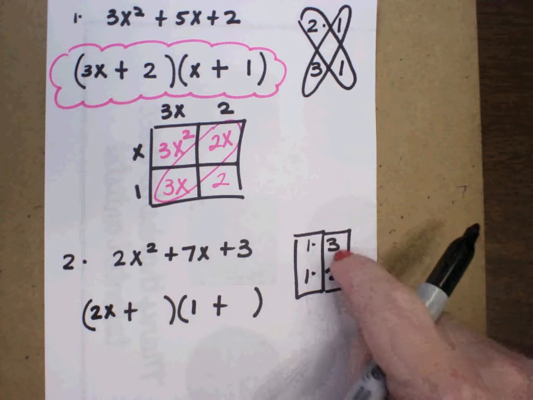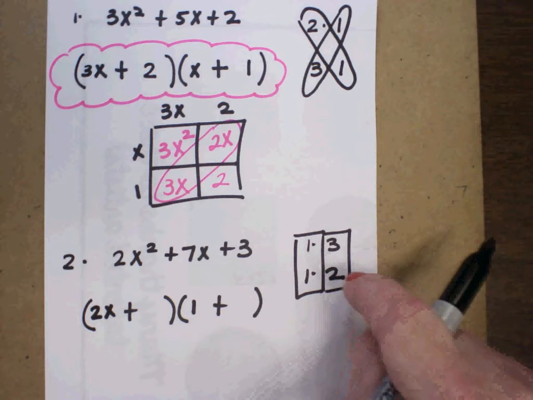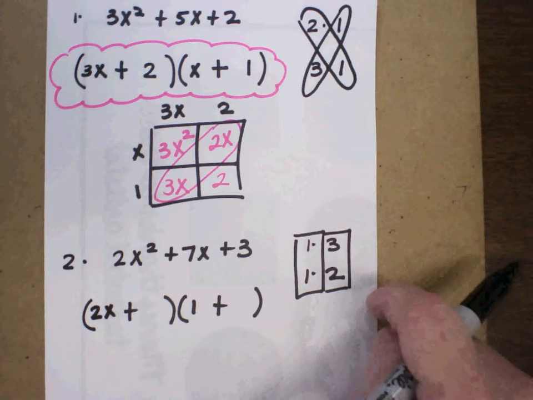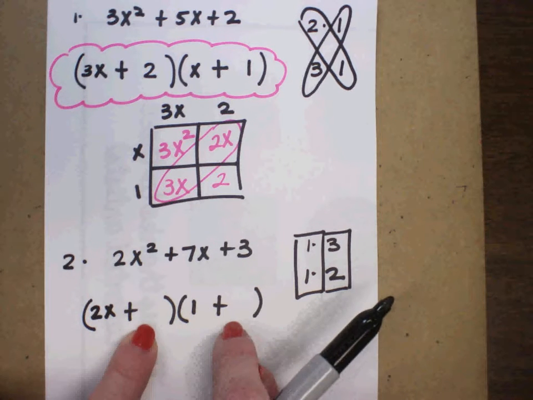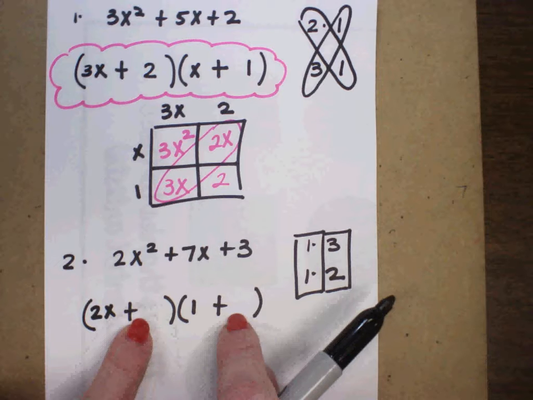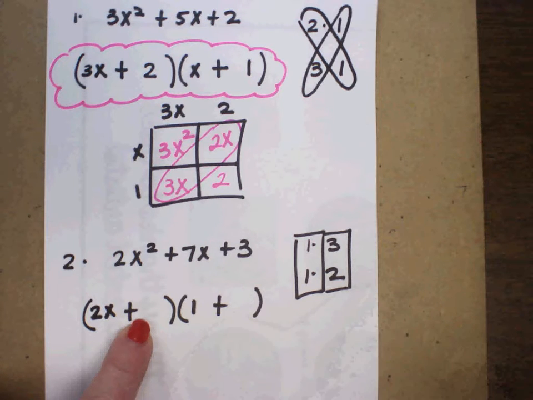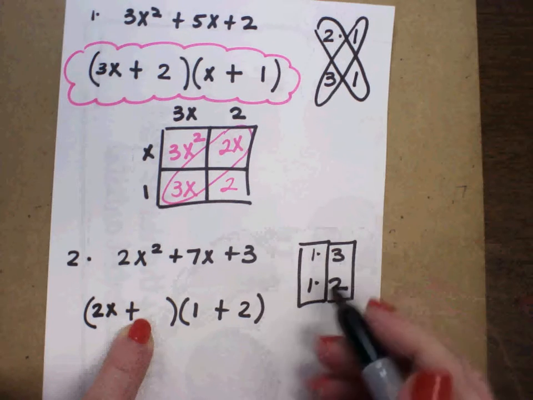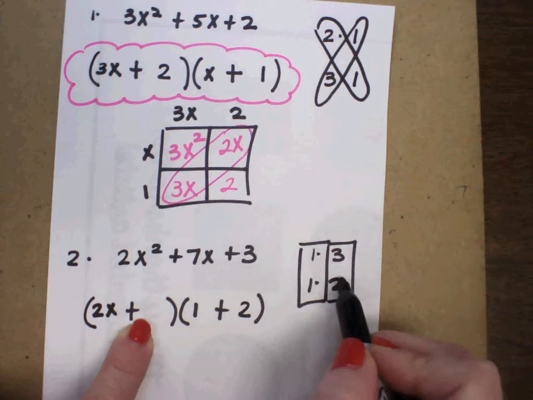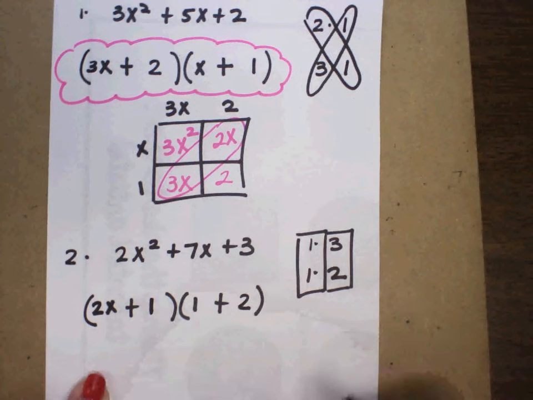Let's go ahead and check it. This is an x, right? All right, this squared, this region, 2x squared. That one, 4x.